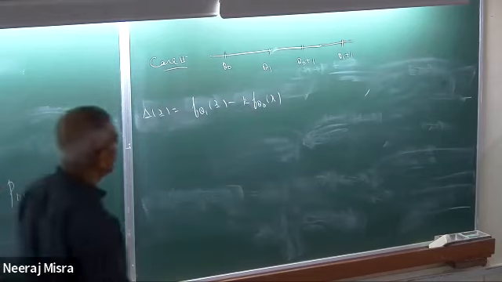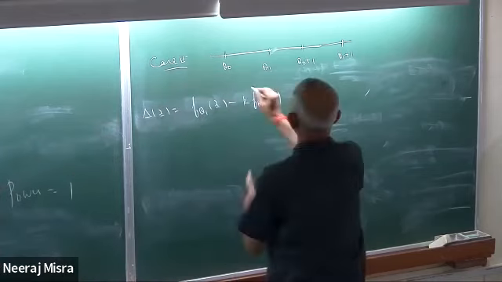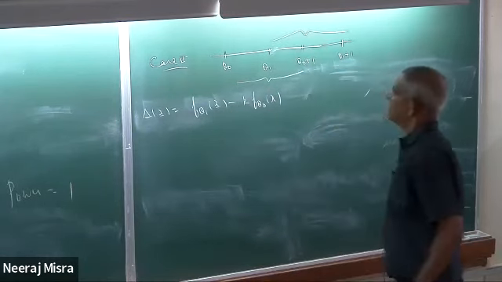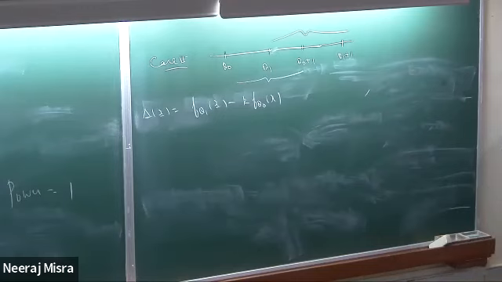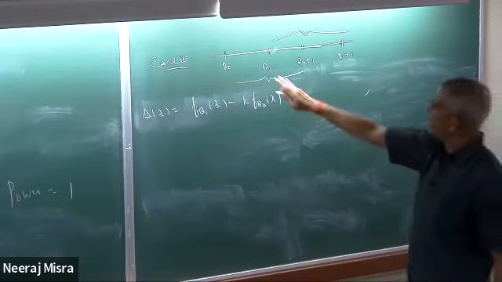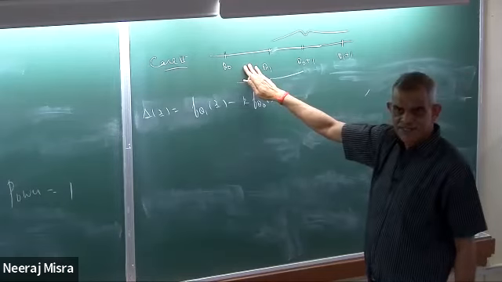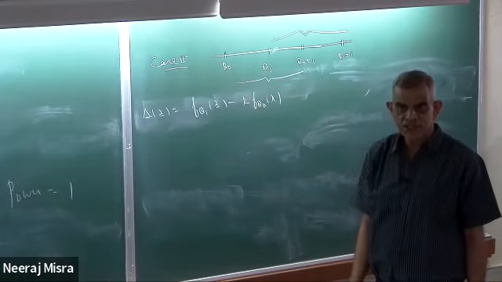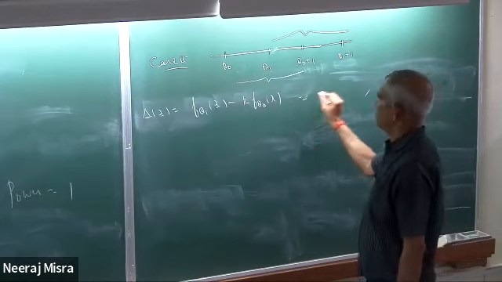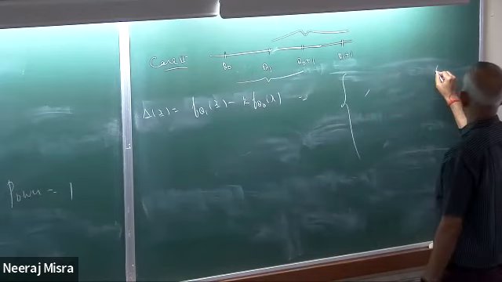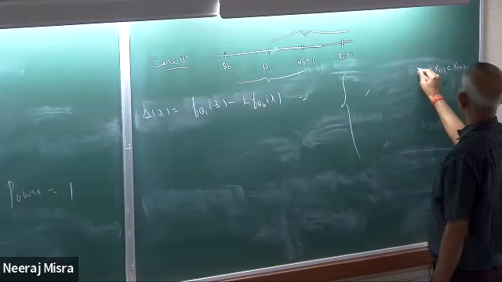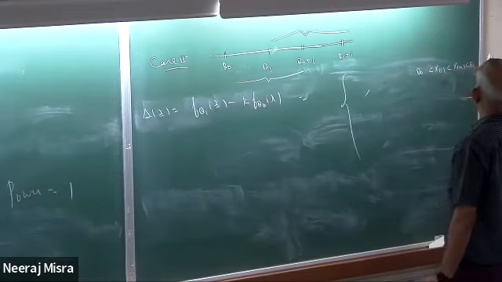So what happens? I know my x1 and xn both can be either here or here. One possibility is my x1 and xn both are over here, both between theta naught and theta 1. So let us look at what happens in that situation: x1 less than xn, greater than theta naught, less than theta 1.